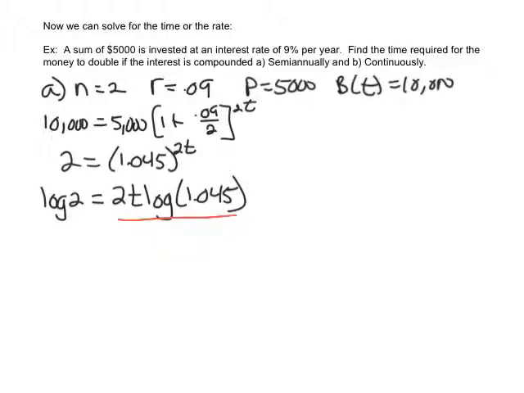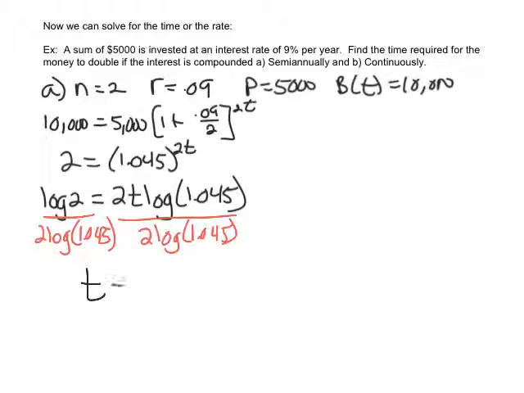So let me show you that. If I divide all this stuff away, I'm left with a solution for time. So this is probably slightly easier than graphing it and choosing an appropriate window. This is the algebraic way of solving.